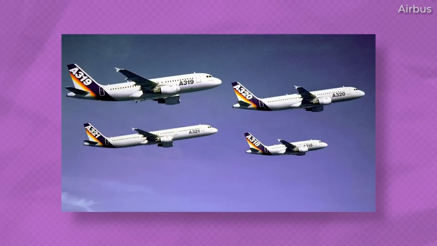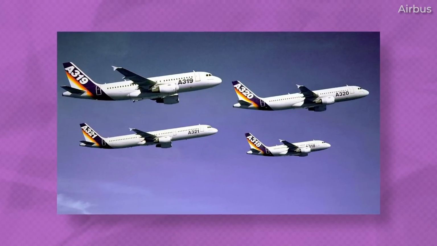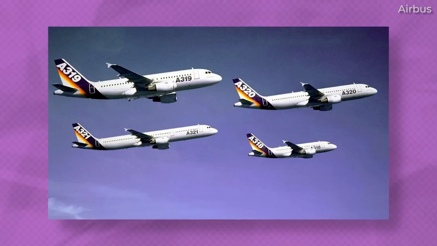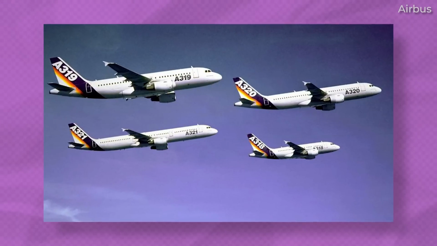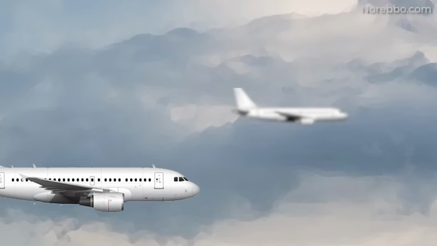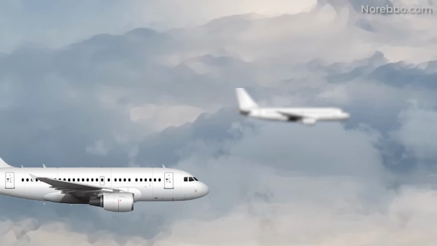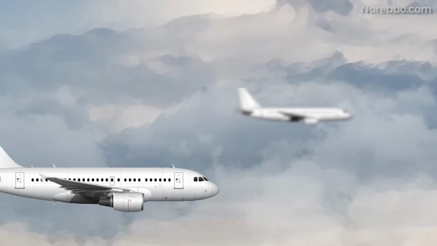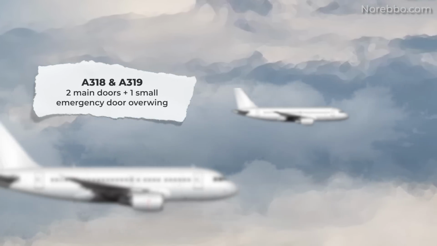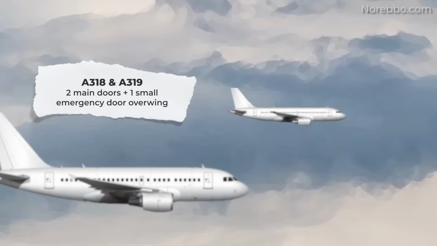After this, it's a matter of fuselage length and number of doors and windows. We're going to avoid listing the number of windows for each aircraft, since it's unrealistic to count in order to identify an airplane. However, when it comes to doors, here is how each family member compares. The A318 and A319 have 2 main doors, 1 at the front and 1 at the rear.